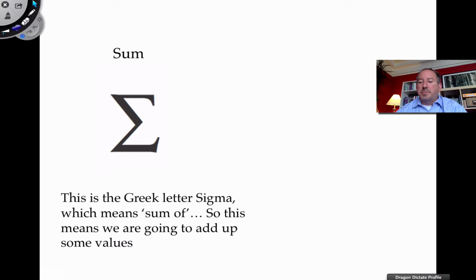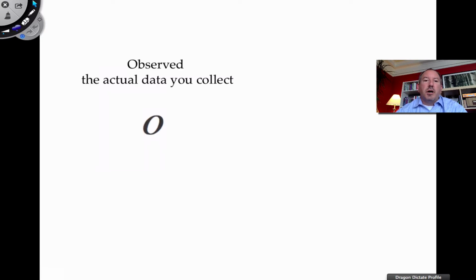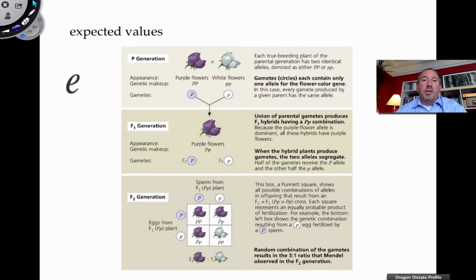It's a summation. O is, obviously or maybe not obviously, observed. This is the actual data that we're collecting, the numbers from an experiment where we're counting things and tallying. These are the observed. Then we have expected values, and you might be thinking, how can we expect the results?